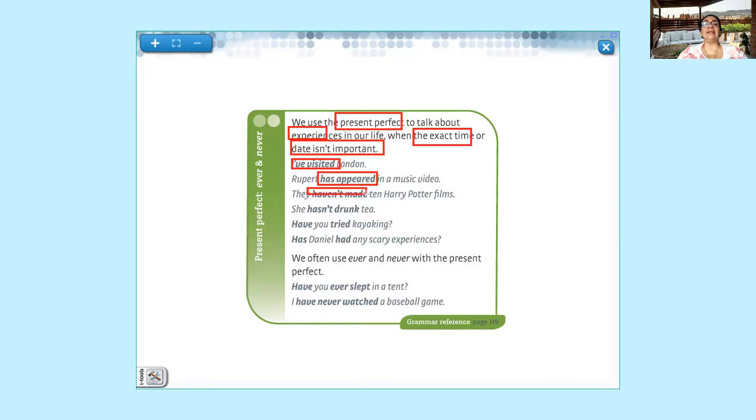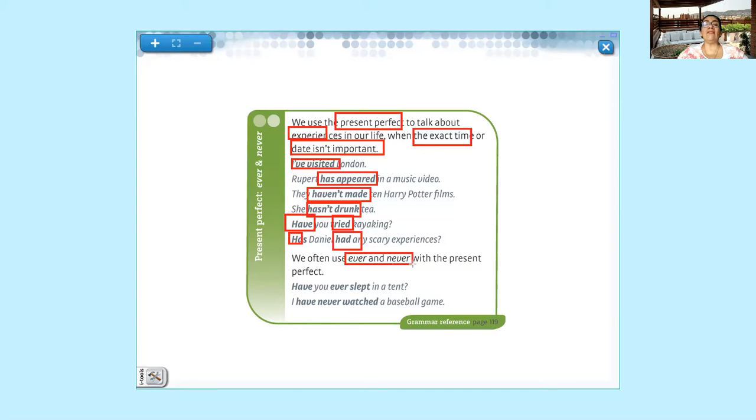Have or haven't and the verb in the past participle form. Have or has or hasn't and the verb in past participle form. Those are the sentences. In the yes/no questions, have and the verb in the past participle form. Has and the verb in the past participle form. Those are the expressions that we can use.